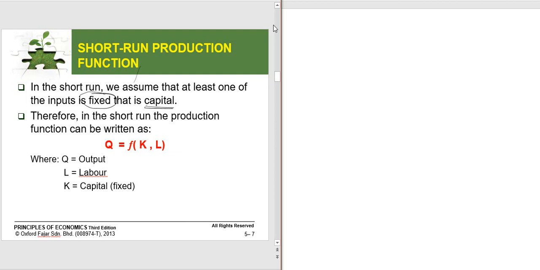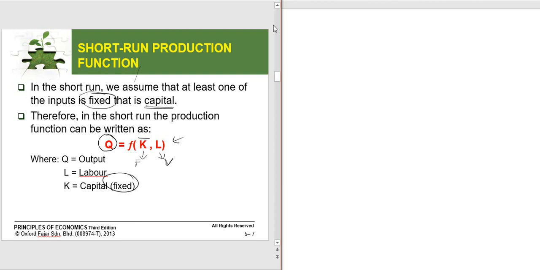So this is the production function for short run production. So you have a certain number of output that you can obtain with a certain number of inputs, where we have fixed input and we have variable input. Fixed input is capital. So capital is constant or fixed, and the number of labor can change because it is variable input.